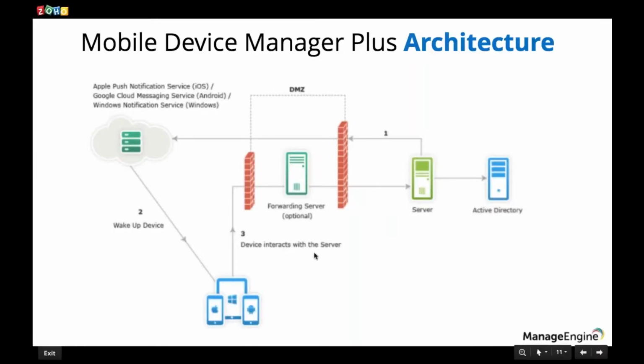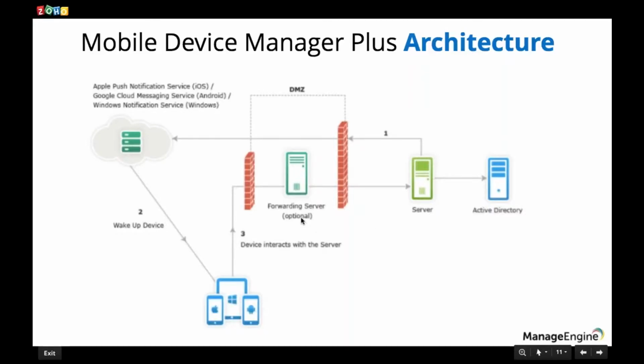Since the devices that we are managing are mobile, the server must be reachable at all times. And that is why we recommend you to NAT your internal IP address to a public IP address. Also, if you're worried about security and do not wish to expose your server to the internet, we also allow you to configure a forwarding server.